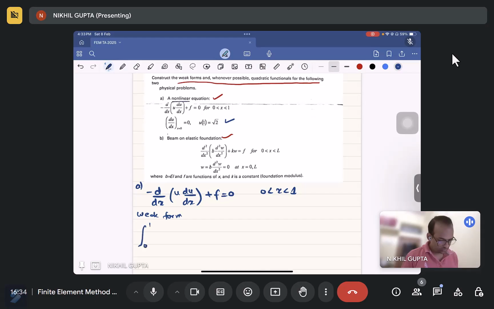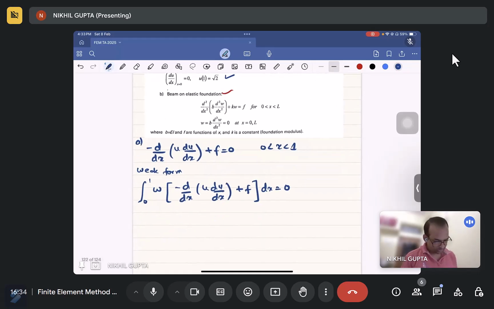Maybe you will get the integral from 0 to 1 of w times minus d by dx of u du by dx, plus f, dx equals 0.